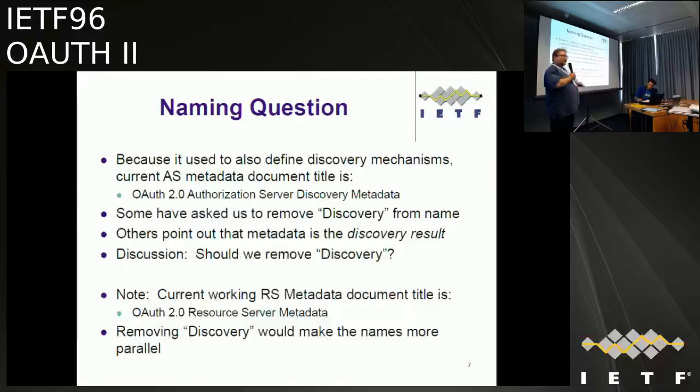Some have said, well, given you're not discovering anymore, you're just presenting the result of discovery, you could drop discovery from the name. And in fact, the document which Phil and I are writing currently has a working title of Resource Server Metadata. So we could just drop discovery and have it be Authorization Server Metadata, and then they would be parallel. I think Nat was in favor of that.